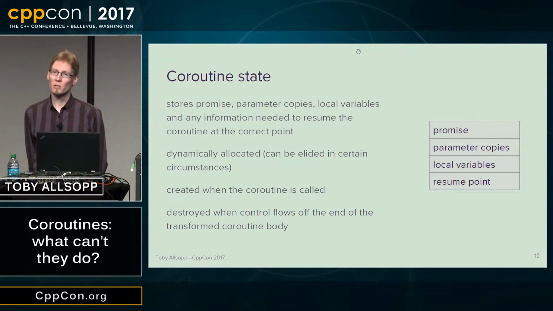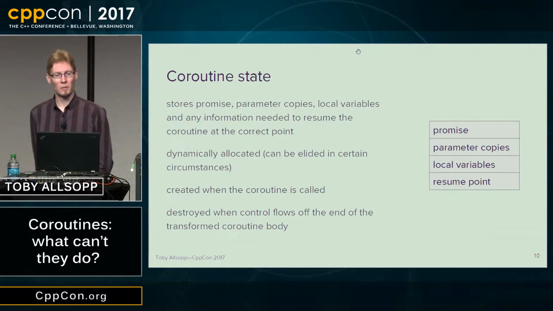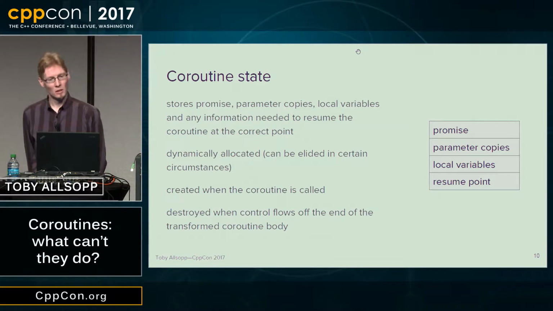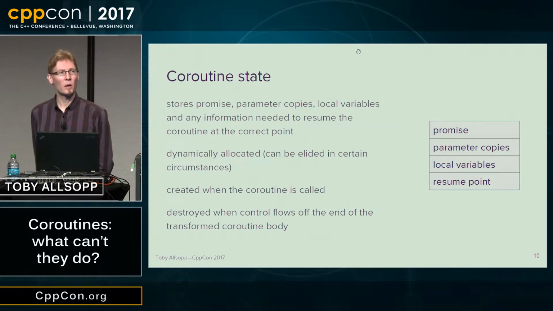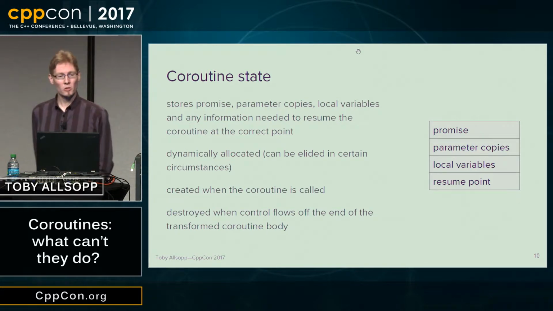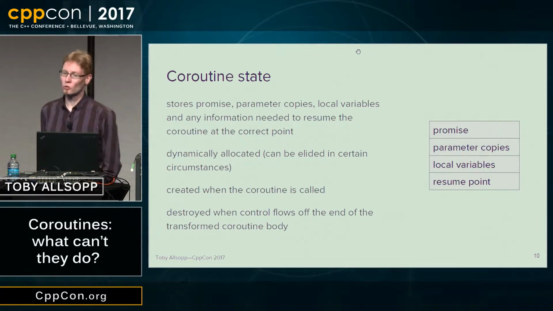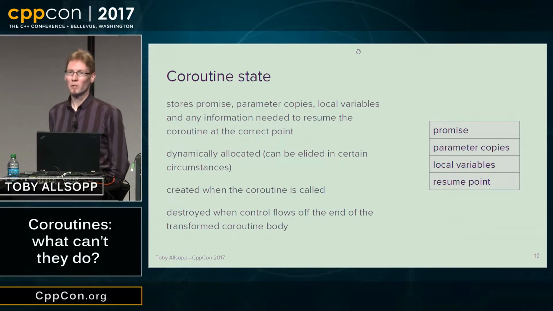In a number of cases, and given a sufficiently smart compiler, that allocation can be elided, but in general there has to be a dynamic allocation, and the exact way that allocation happens is under the control of the promise type again. So this coroutine state gets created when the coroutine's called and gets destroyed at the end when control flows off the end of the body. So that can be either when the coroutine is destroyed or when it finishes its final suspend.